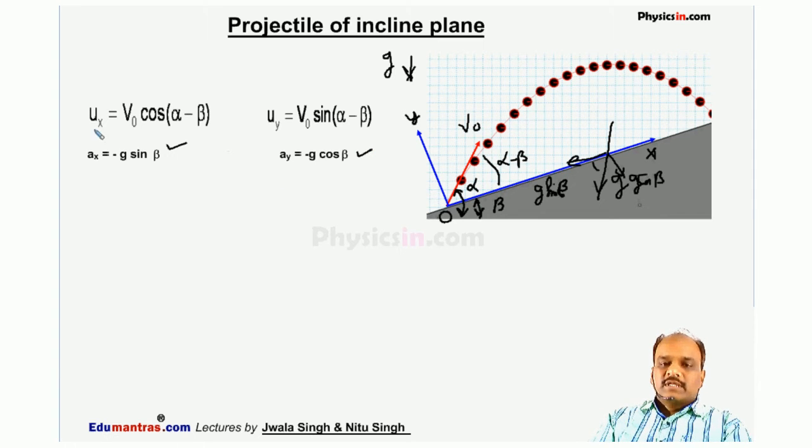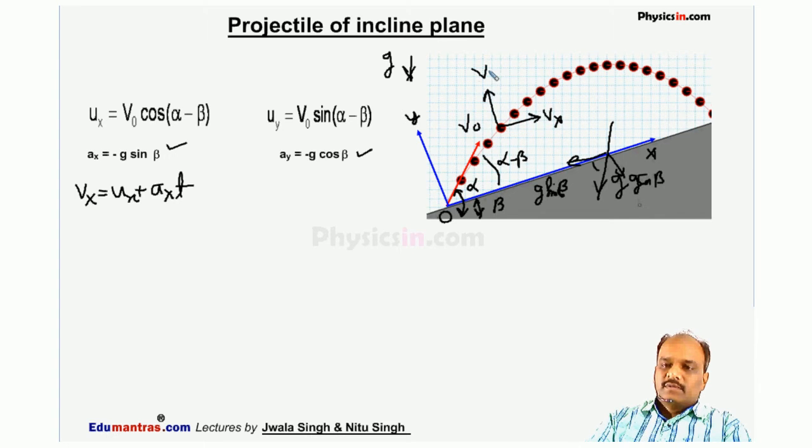Now we can say the acceleration of the particle along the x-axis as well as along the y-axis is constant. So we can write Vx equals Ux plus ax into t. Vx is the velocity of the particle at any time t. This is Vx and this is Vy.